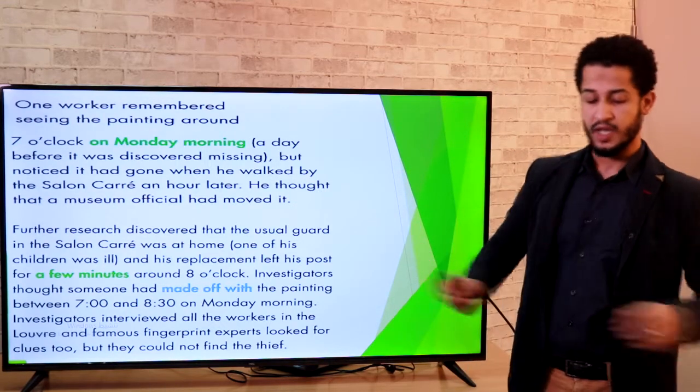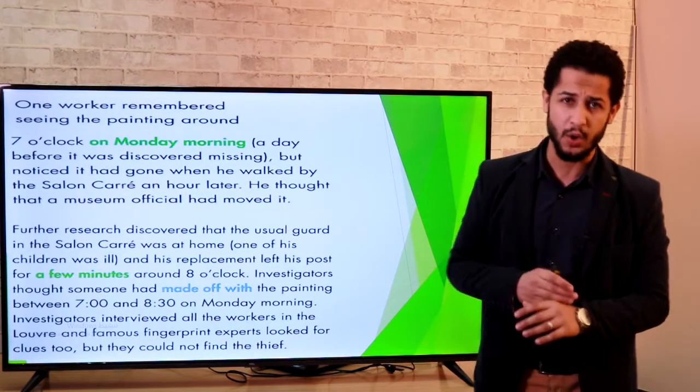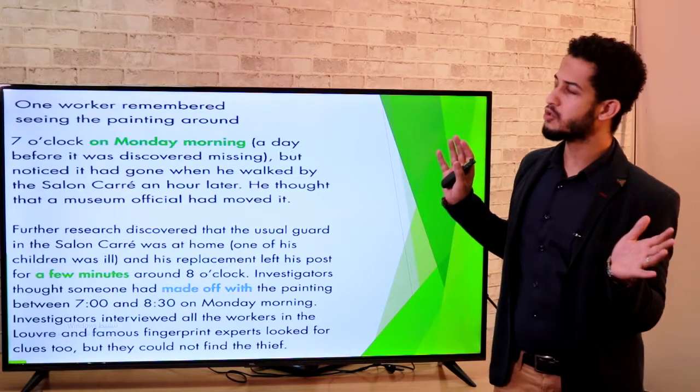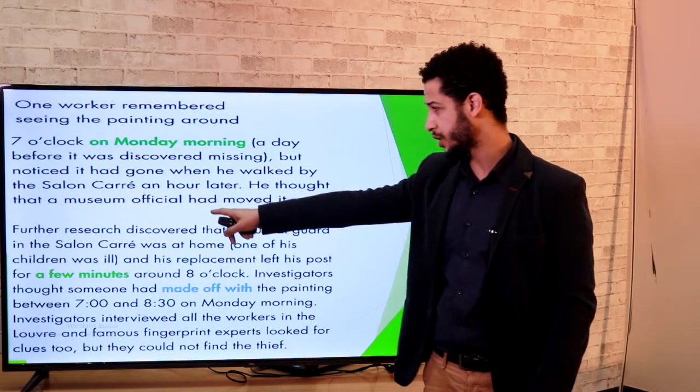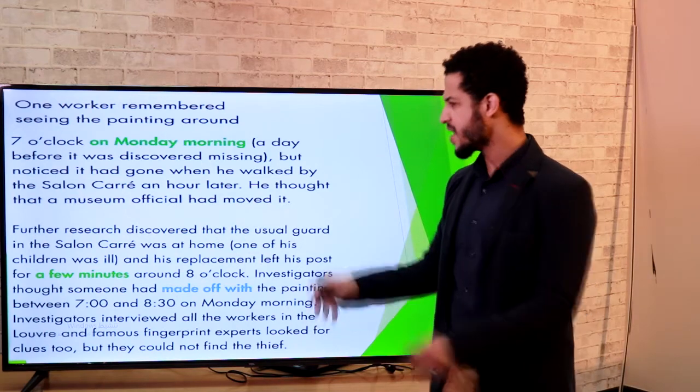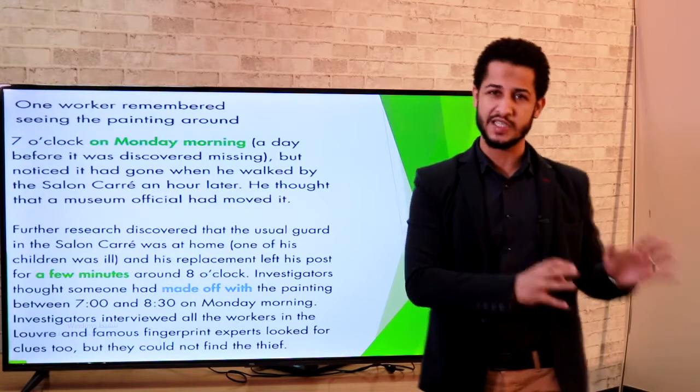What does it mean? At 7 o'clock he saw the Mona Lisa. After an hour he didn't see it. So he thought that a museum official, someone who worked in the museum, had moved it to clean it, to put it somewhere else, okay?